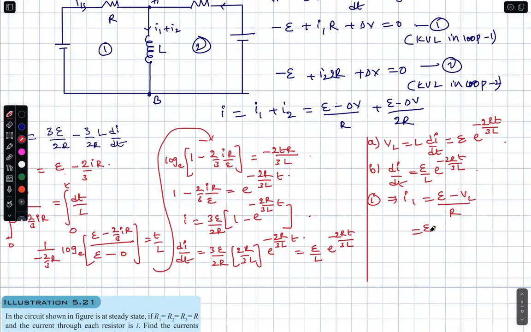So therefore, E/R minus VL is E/R times e to the power of minus 2Rt/3L. Similarly, I can write I2. In place of R, I will write simply 2R, which means E/2R minus E/2R times e to the power of minus 2Rt/3L.